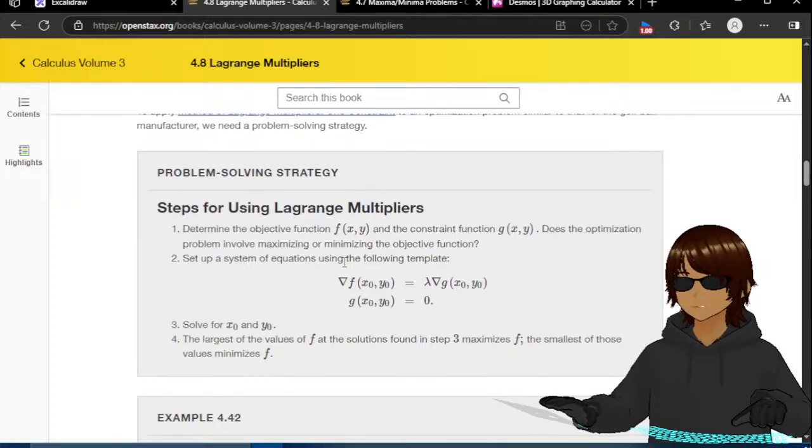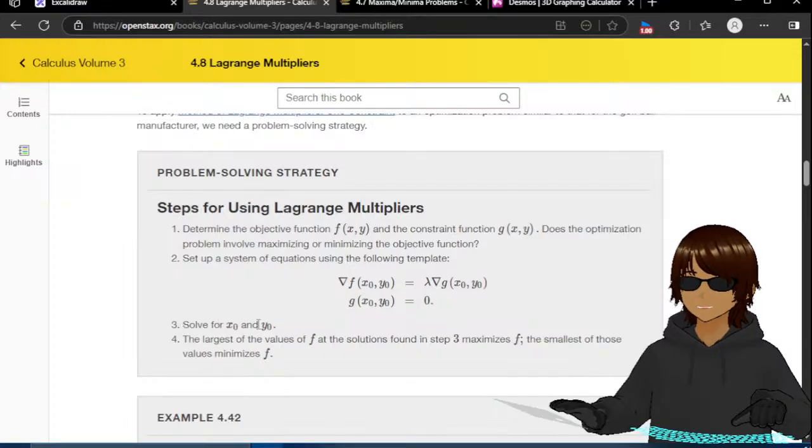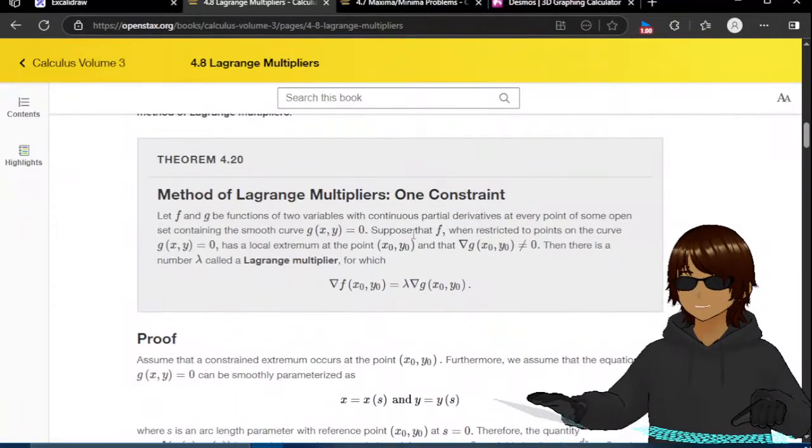Set up a system of equations using the following template. Solve for x naught, y naught. Why is this 0? g is the smooth curve, right? This being 0.